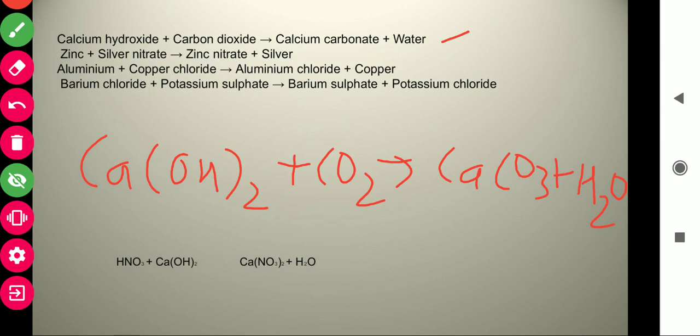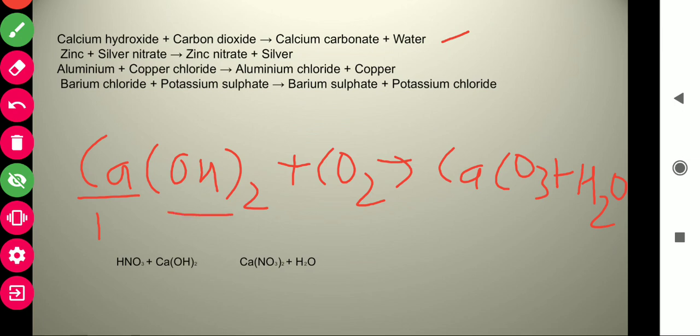Here the rule is the same. First we try to balance the hydrogen and oxygen. Here oxygen is in two parts at both sides. When we count how much calcium is there, 1 atom.